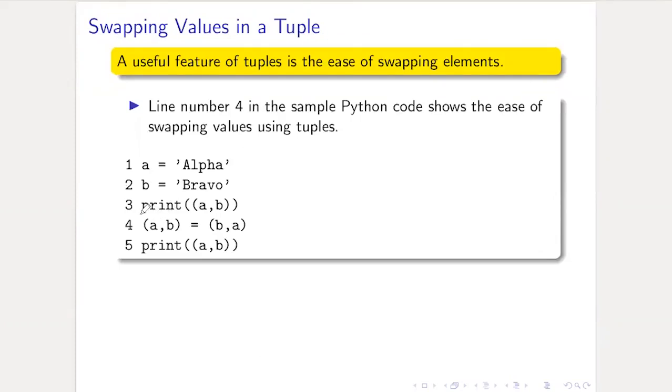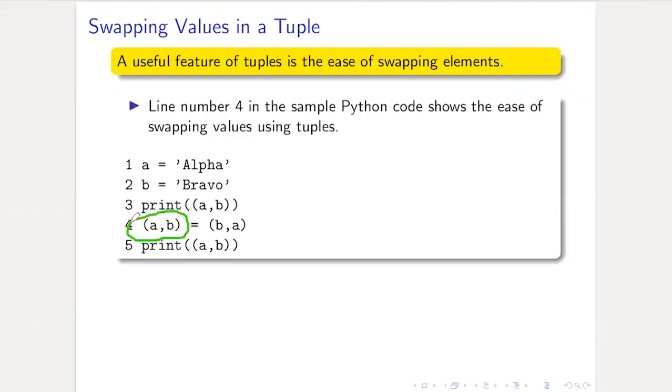Now I can swap the values of A and B by treating them as a tuple. What I'm saying here is, on my left hand side in line number 4, I have a tuple AB, which are variables actually.